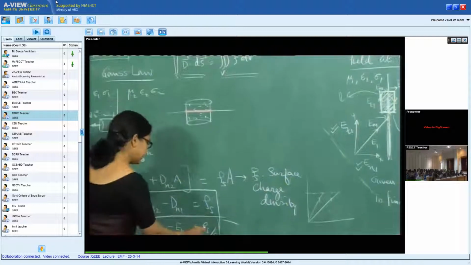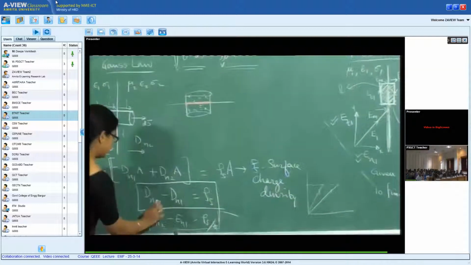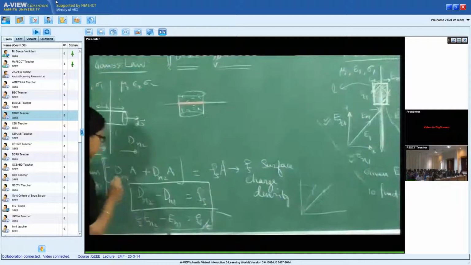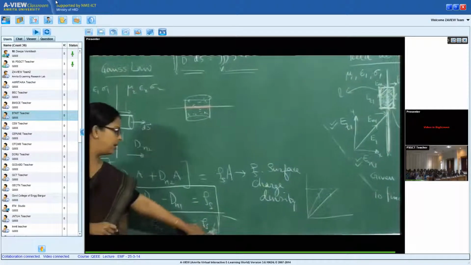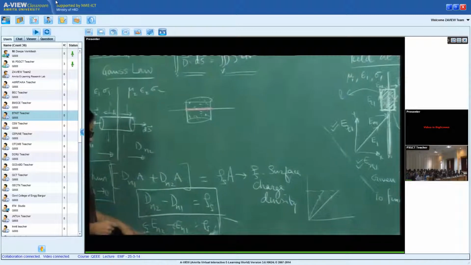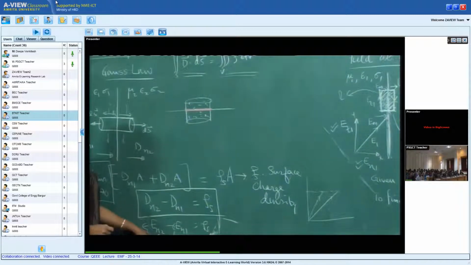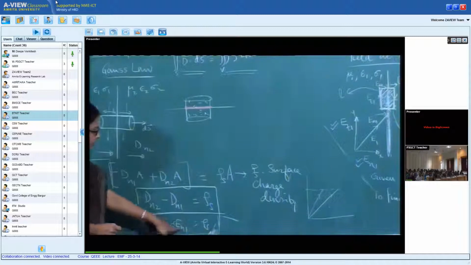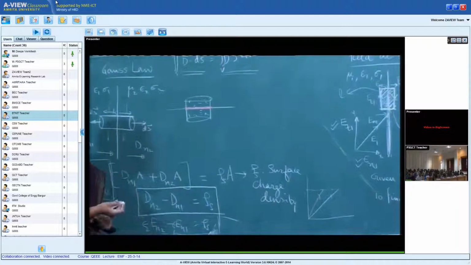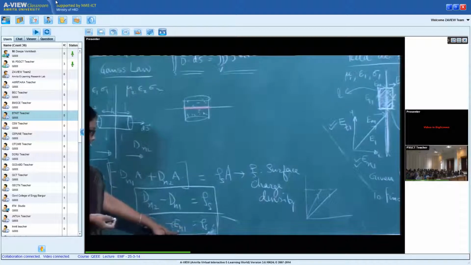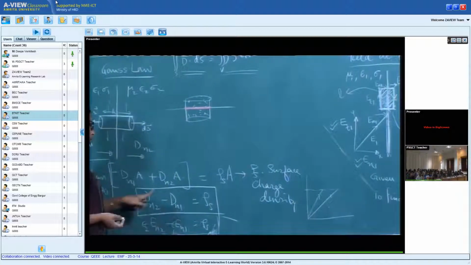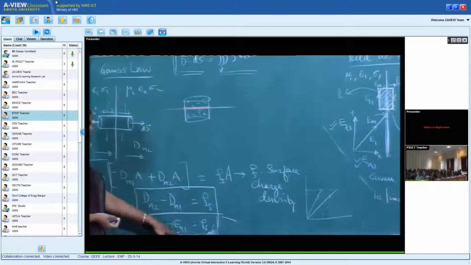I can't write it like this. I have to specifically write it as epsilon 2 E N2 minus epsilon 1 E N1 equal to rho s, because it can't be a common epsilon, right? dN2 is epsilon 2 EN2, dN1 is epsilon 1 EN1. Which means the normal component on the right side is not necessarily equal to the normal component on the left side.